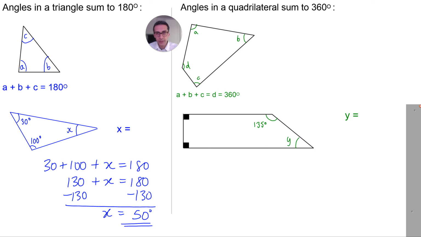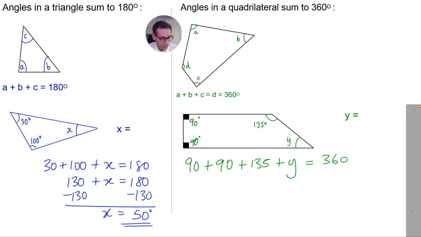And then this one here, there's a quadrilateral, you can see these two angles are 90 degrees implied by the diagram, and we know that 90 plus 90 plus 135 plus y must equal 360.